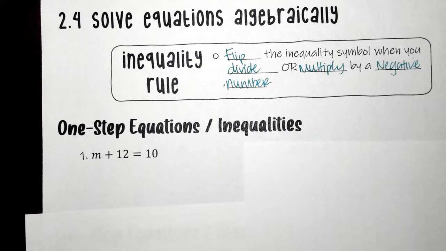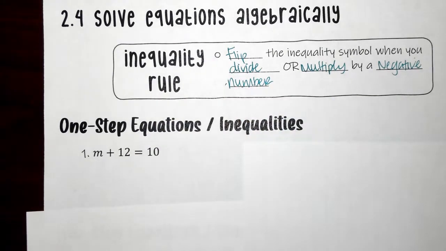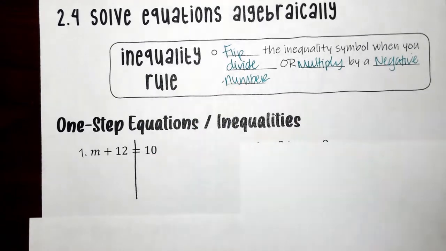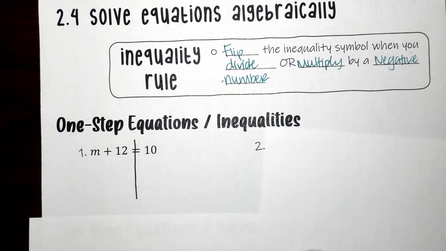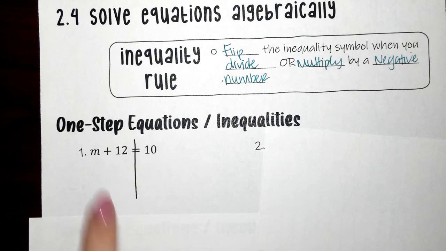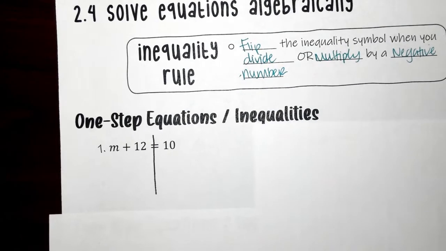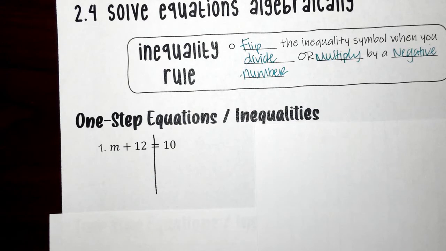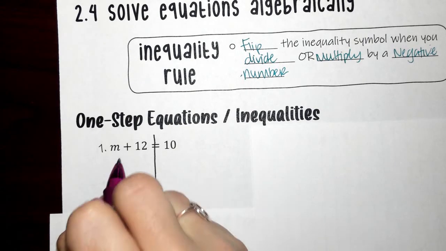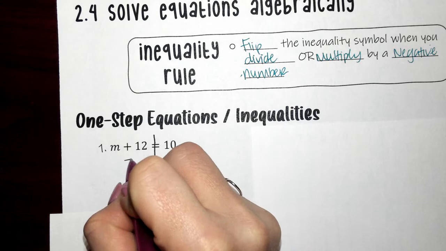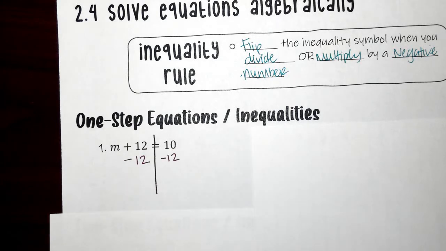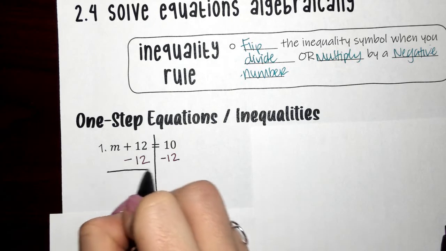So I'm going to draw my wall at my equal sign, and I always take care of anything added or subtracted first and then multiply and divide, and I always want to do inverse operations. So we are adding 12, so I'm going to subtract 12. Remember, whatever I do on one side of my wall, I've got to do on the other side.